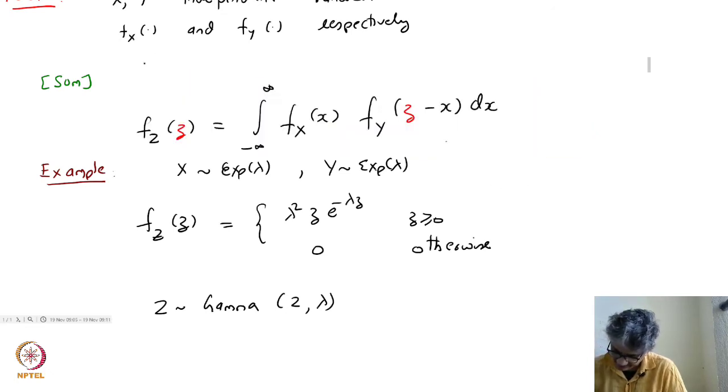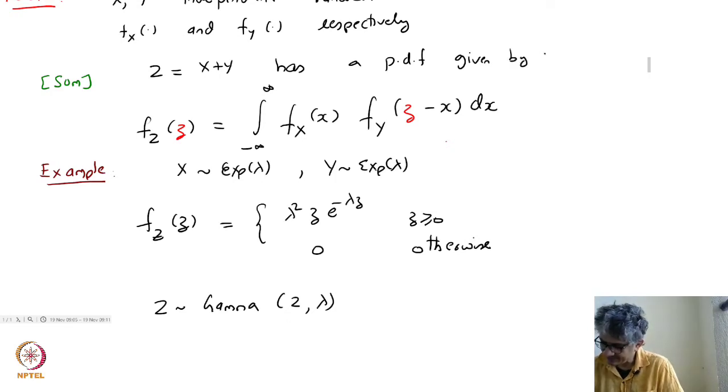Here, what I should have said exactly is Z equal to X plus Y has a PDF given by this. So this is where we were last time.